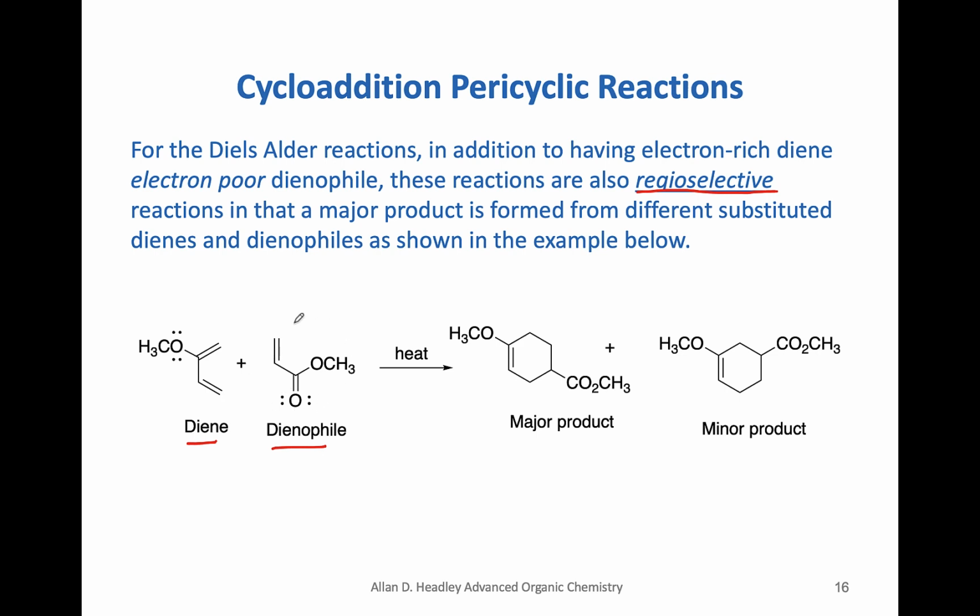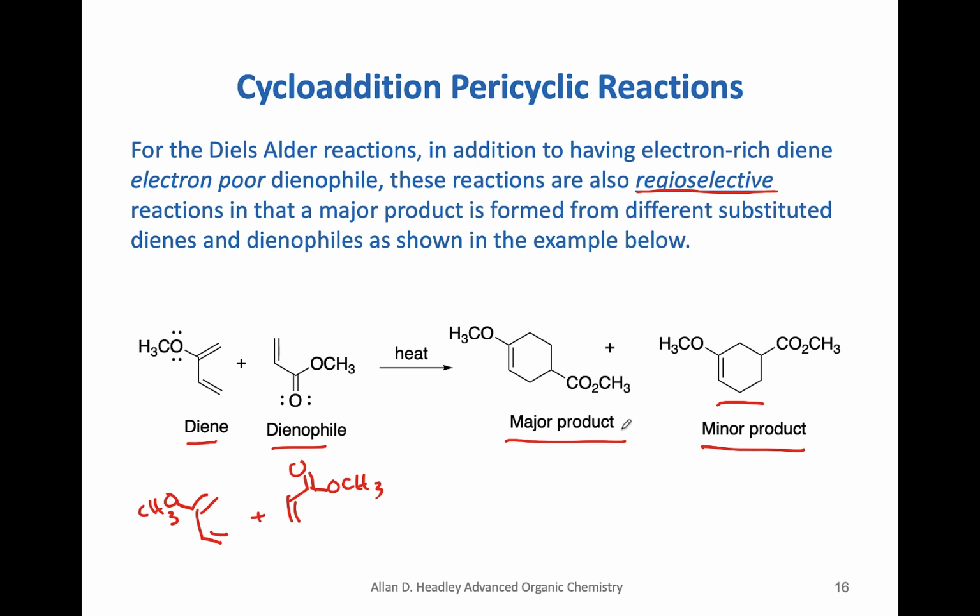But if you flip this molecule like this and react it with this, you can see that you will get this as the product. However, this is the minor product and this is the major product.